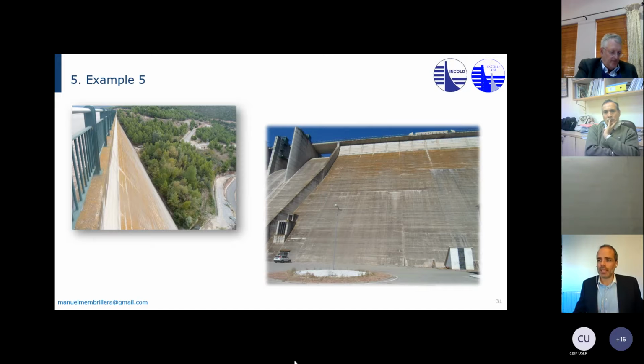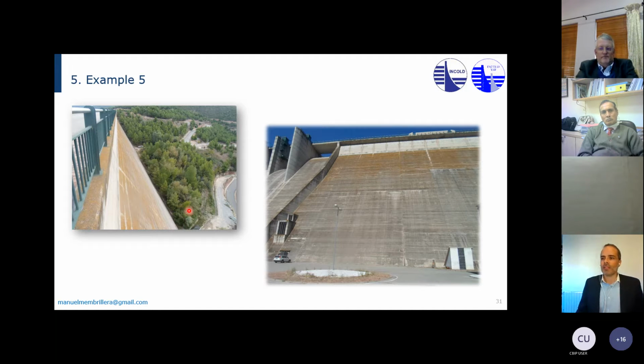And in this area of the left abutment, several massive seepages started off. You can see there were no trees back in the day. So in 2008, these trees were very small.